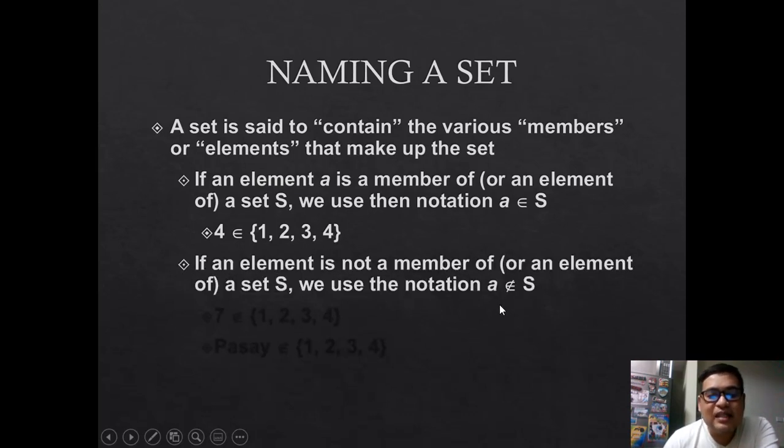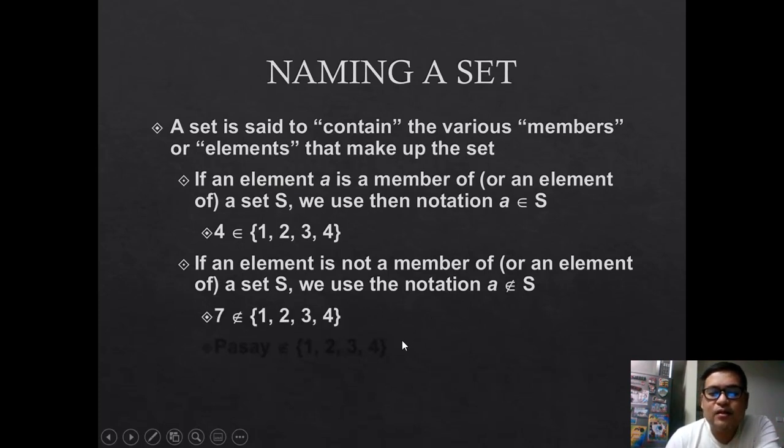If an element is not a member or an element of a set S, we use the notation: to the symbol for element, we just have to place a slash, which means not an element.